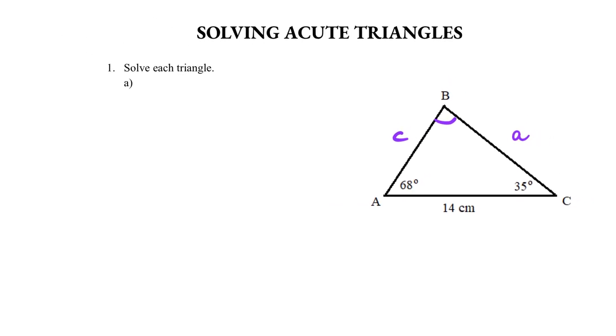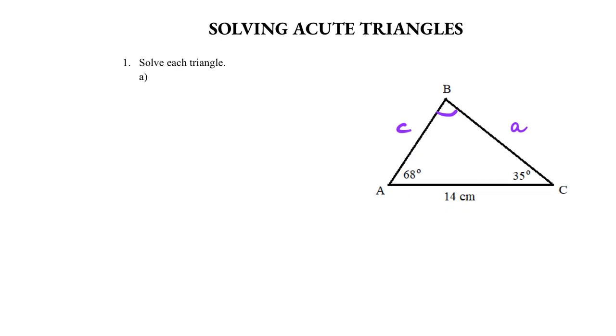Okay, we are back. I'm going to slide that diagram a little bit to the right, and now let's jump right in. I hope that we would find anything at the very beginning that we could do without technology. And with that, you can find angle B because you know the other two angles. So my angle B has to be 180 minus the sum of the other two, and that's a 90, 103.